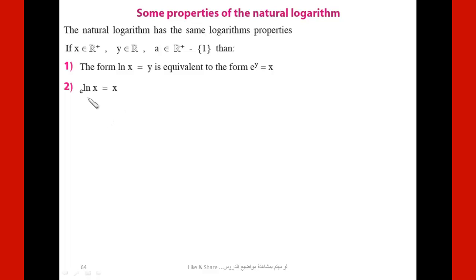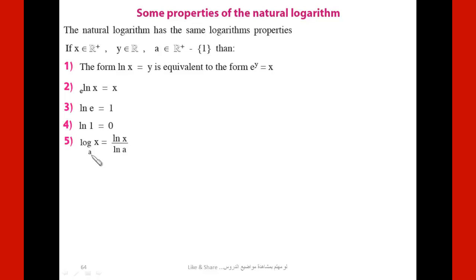e power ln x equals x, ln e equals 1, ln 1 equals 0. Log x to the base a equals ln x over ln a. And we use this rule to change the base.